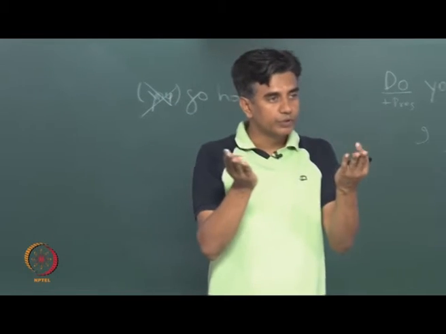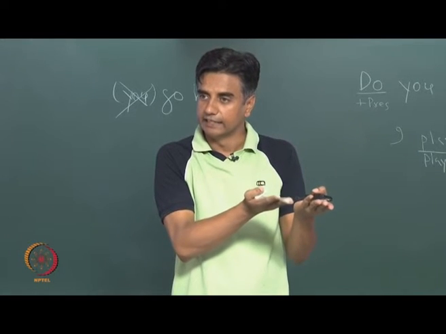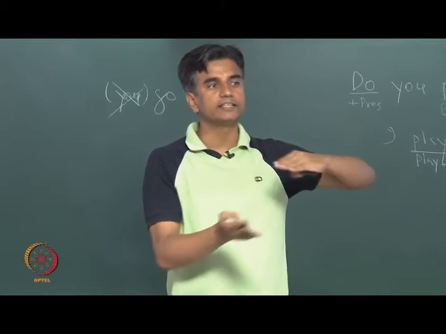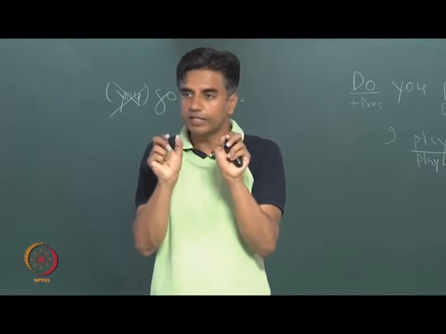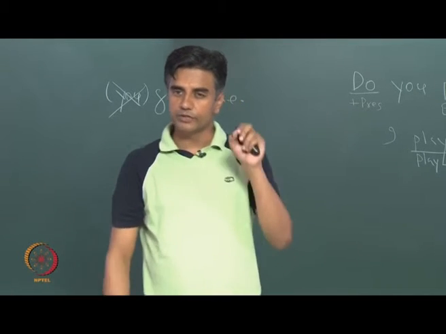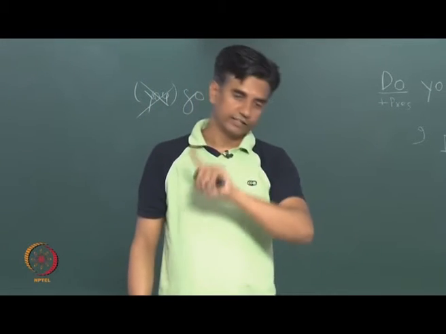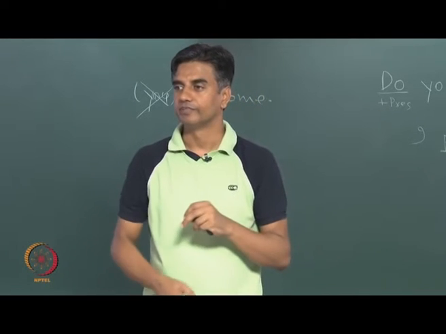I'm trying to show you the similarity between two patterns of yes-no questions in Hindi. One pattern is use of the word kya, the other is rising intonation. There is a similarity between the two. They are not really two distinct patterns. The pattern is because the question word kya, only one question word kya, always comes in the beginning of the sentence, so it's possible to drop it.